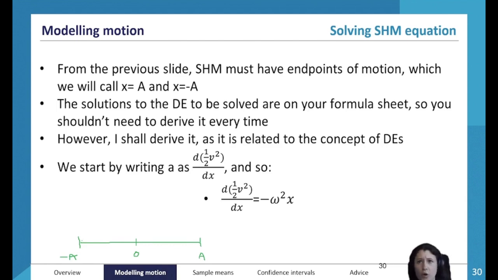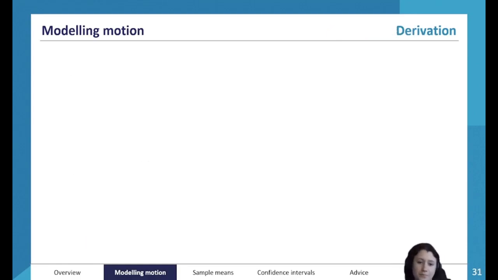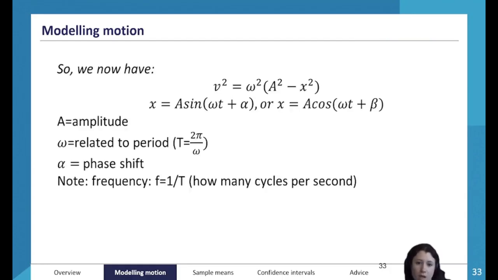We actually won't solve the differential equations right now, just because it's a little bit too complicated. But I will show you guys what formulas we are working with. So, this one here is very important. Velocity squared is equal to omega squared multiplied by amplitude squared, take displacement squared.